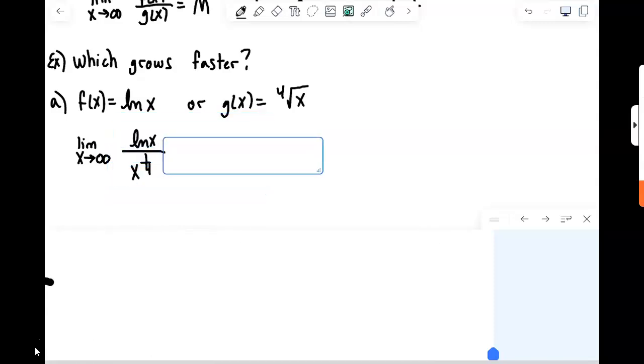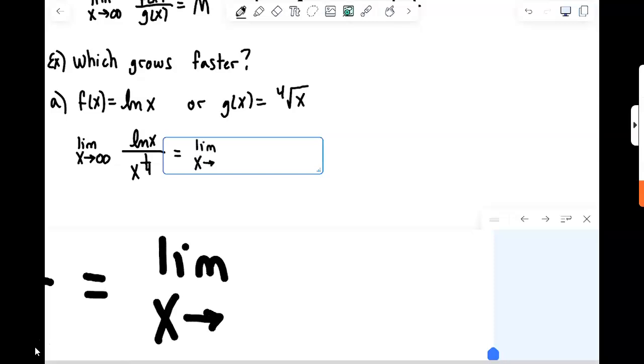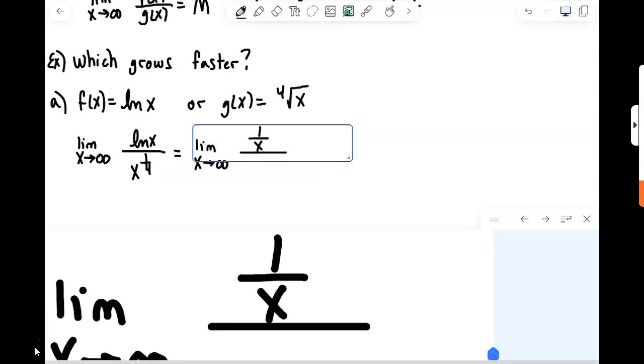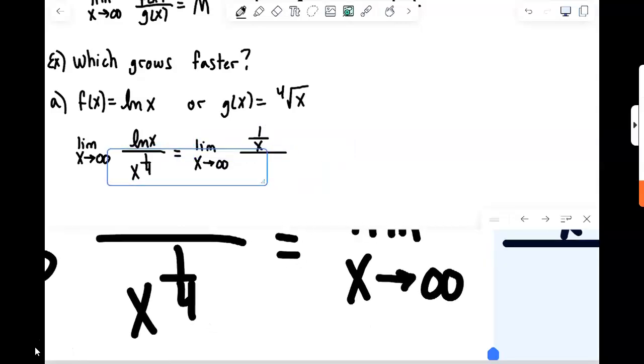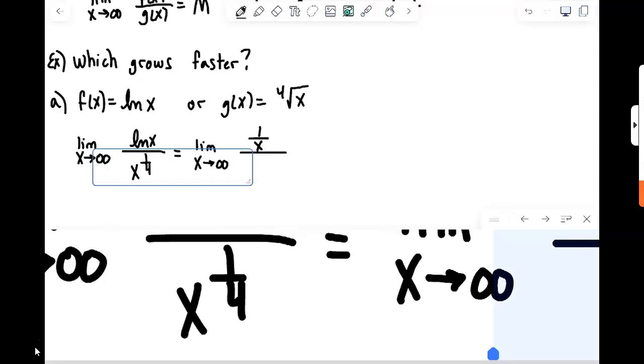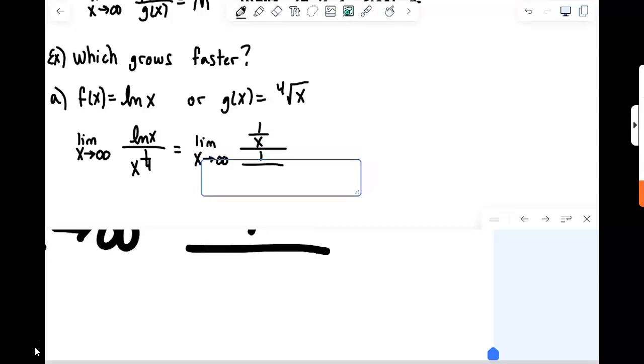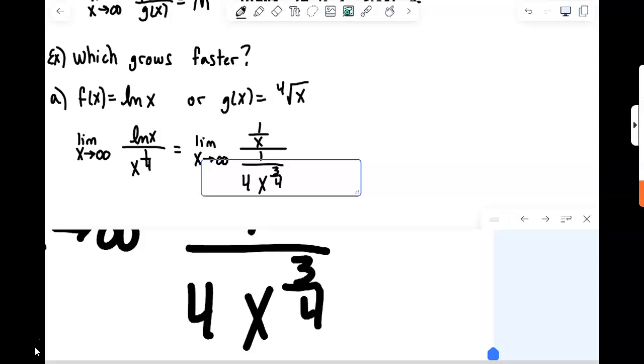So we apply L'Hopital's rule, take the derivative of each piece. And so the derivative of ln is 1 over x. For x to the 1/4, we would multiply by the exponent, get 1/4 x to the negative 3/4, which I could rewrite as 1 over 4 x to the 3/4.